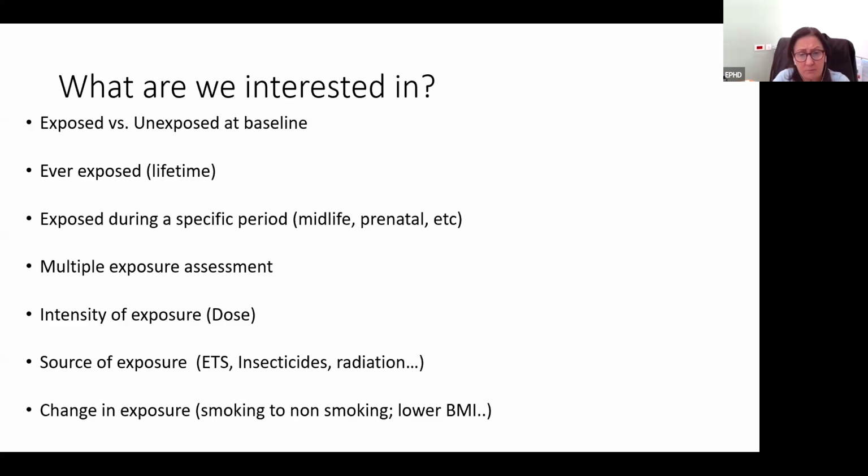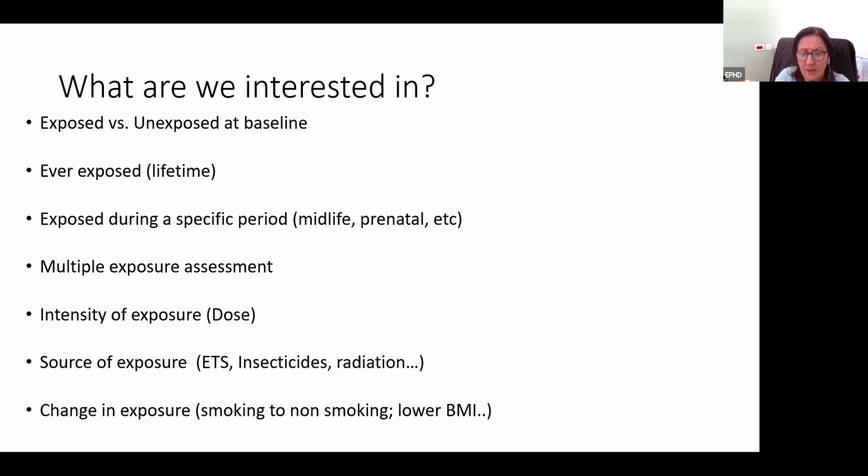Source of exposure is important as well. Where did you get your exposure to, I don't know, radiation or whatever? Have you only taken X-rays, or have you worked in a radiation and radiology department? And change in exposure, meaning that sometimes exposure is not static.